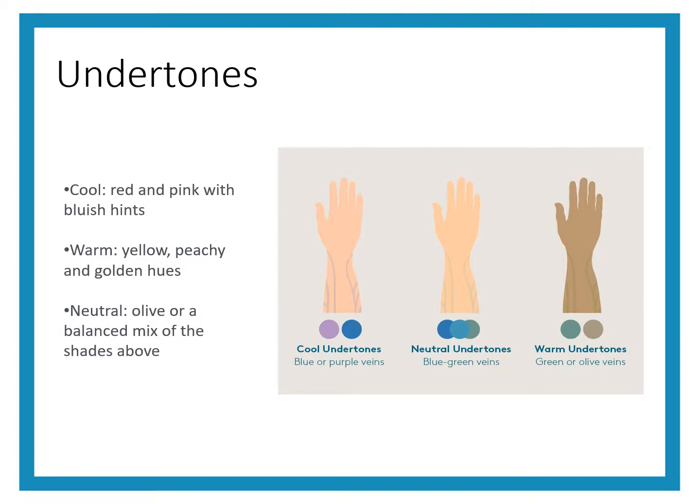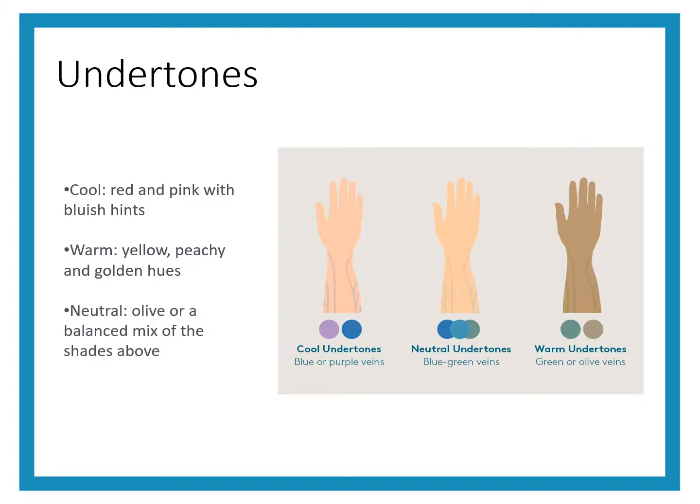If your veins seem to be purple or blue, you have cool undertones. If they look either blue or green, you probably have neutral undertones. And if they're green or olive, then you're said to have warm undertones.